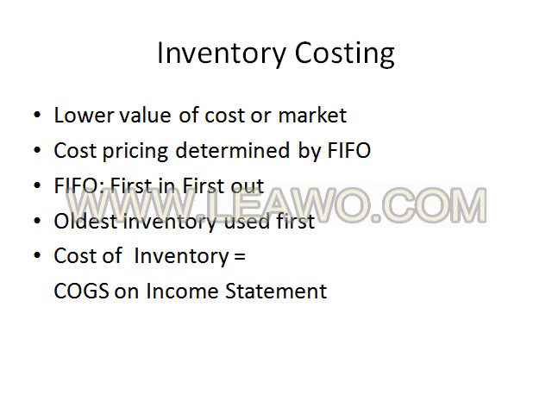Inventory costing. 3M uses the lower value of either the cost or market. When using cost, pricing is determined by using FIFO, which is first in, first out. FIFO dictates that the oldest inventory is used first.